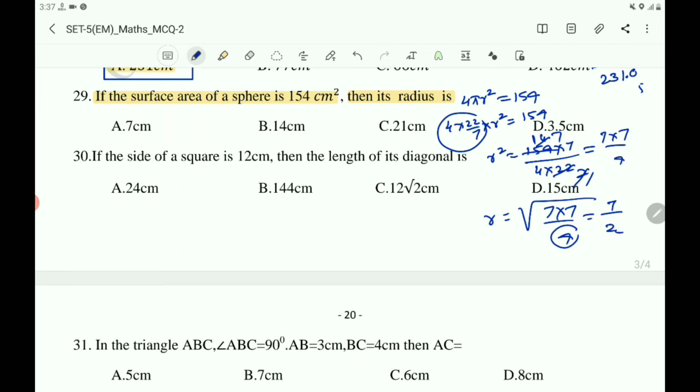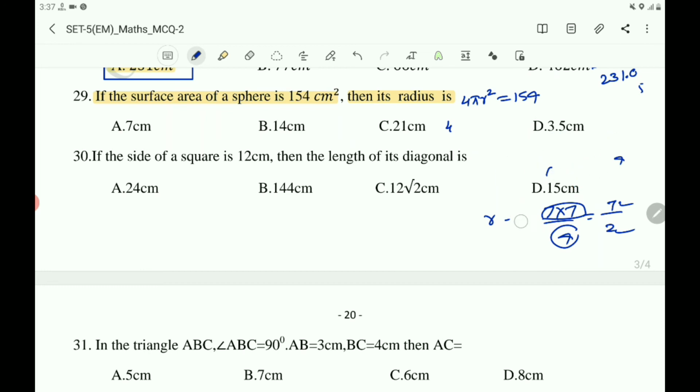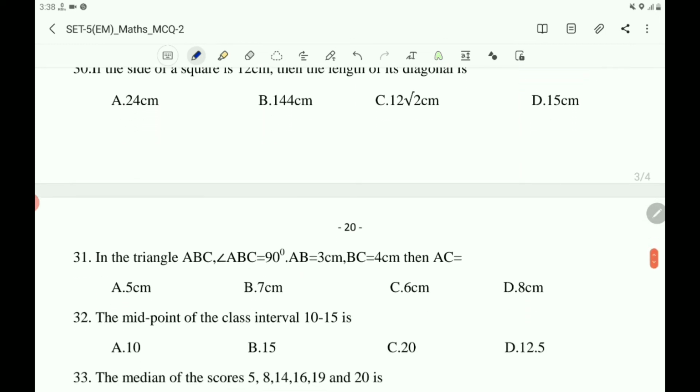Square root of 4 is 2, and square root of 7 into 7 is 7. 7 by 2 is 3.5. So what is the answer? Option D, 3.5, which equals 7 by 2. Then you take the 30th question.